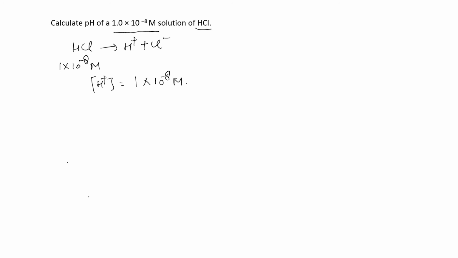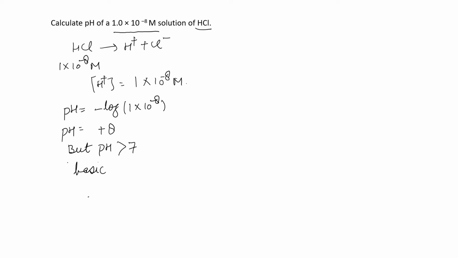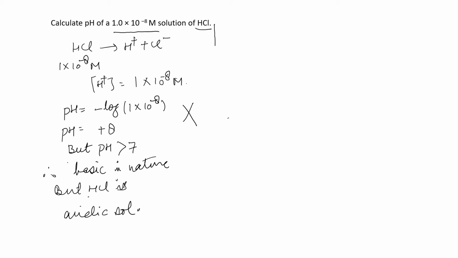Now, pH is equal to minus log of 1 into 10 raised to minus 8, and if we solve this it comes out to be 8, but pH greater than 7 means the solution should be basic in nature, but HCl is acidic in nature. This is an acidic solution. So this method of calculating the pH is wrong.